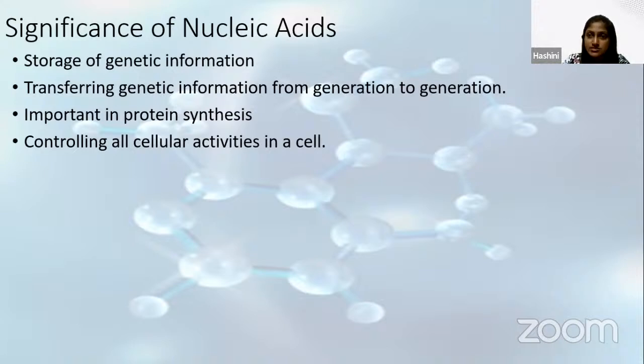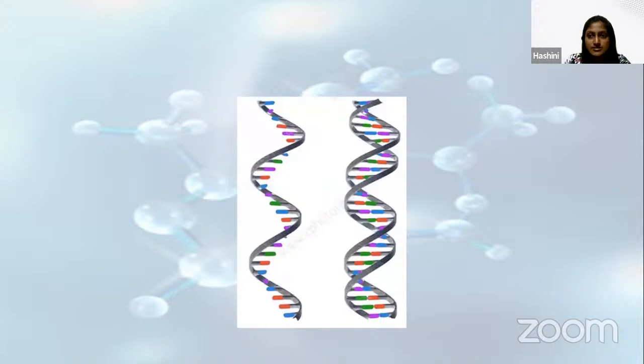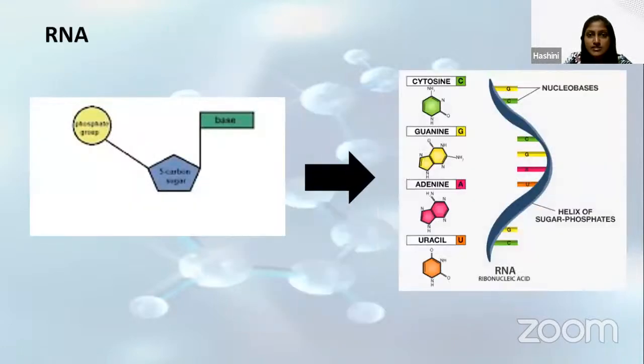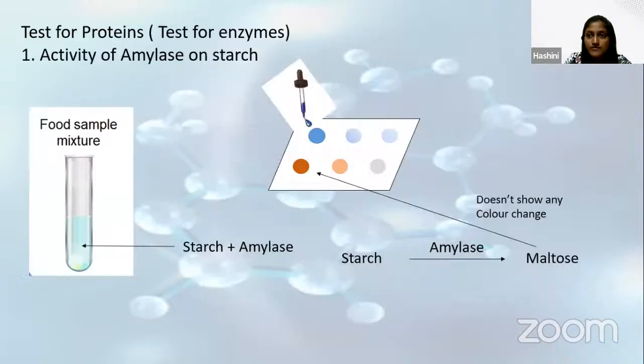They store genetic information within DNA and RNA, this information can transfer from generation to generation, they are important in protein synthesis, and they can control all activities in the cell. Right. So this is a picture of DNA and RNA.